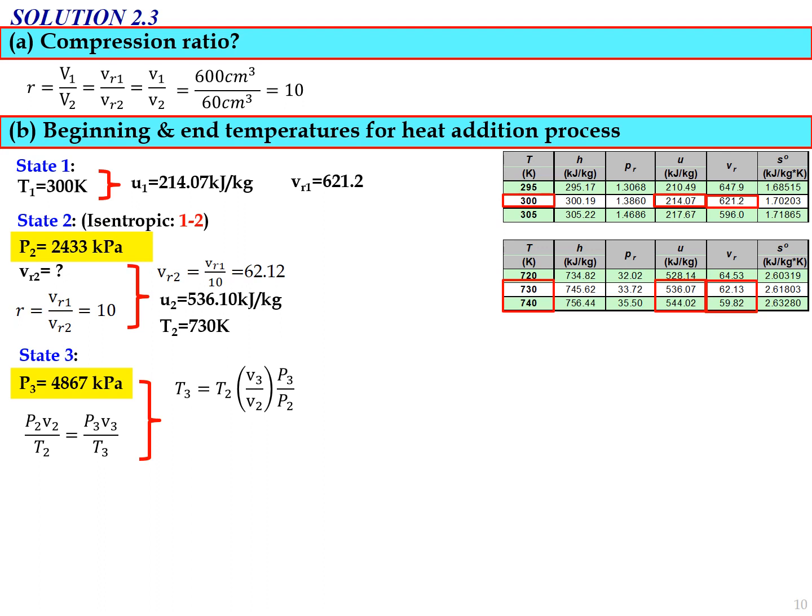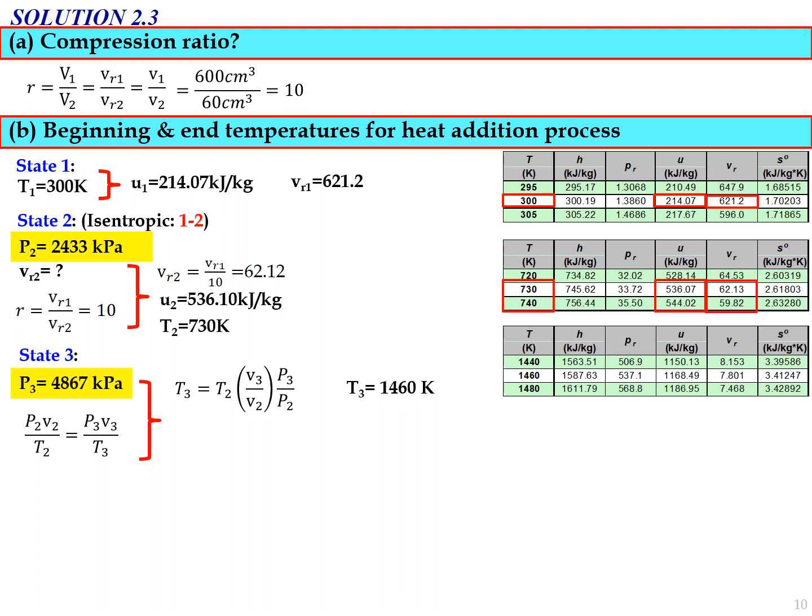We already have the data for P3, P2 and T2. However, we know that V3 equals V2, so the ratio V3 divided by V2 equals 1. So from the equation we can determine the temperature for state number 3, T3 equals 1460 Kelvin.